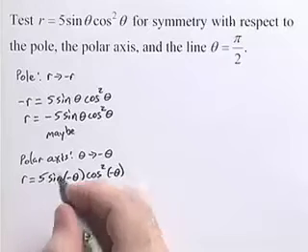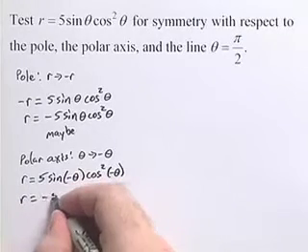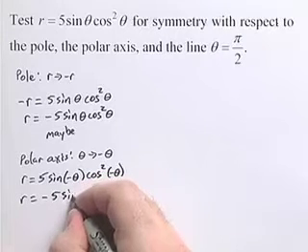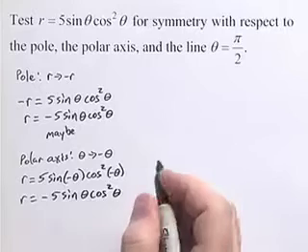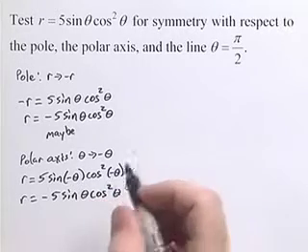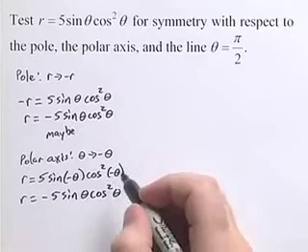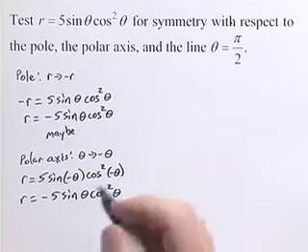If we clean that up, we get r is equal to negative 5 sine theta times cosine squared of theta. Remember that sine of negative theta is equal to negative sine theta.